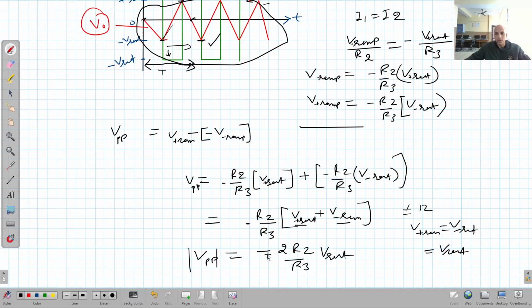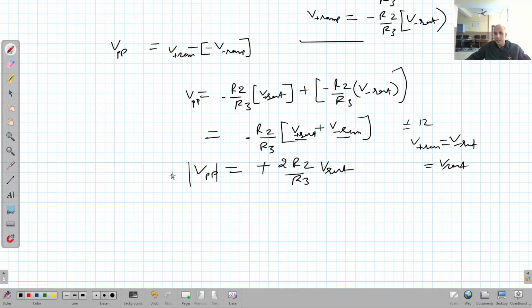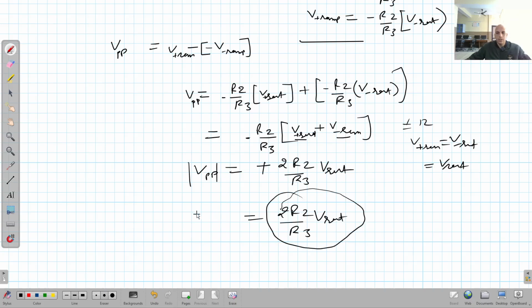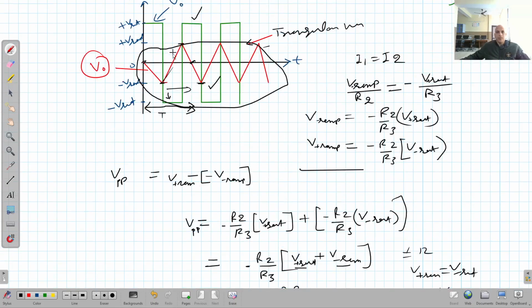If I take the magnitude, this sign will get removed. I will get peak to peak voltage is equal to 2 R2 upon R3 V saturation. This is the value of this V peak to peak that we are getting here.